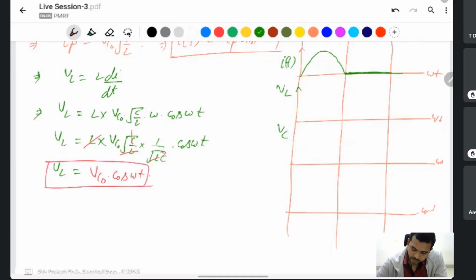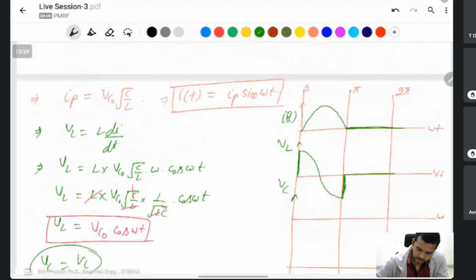It means it will form like that. VL is like this, after that is 0, and VC is equal to VL because of the capacitor.